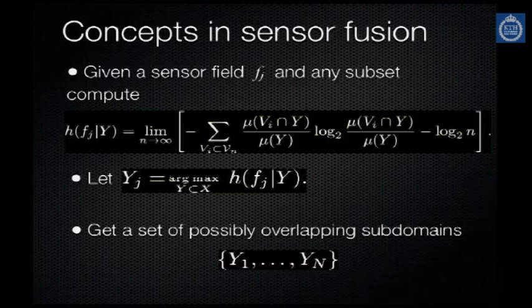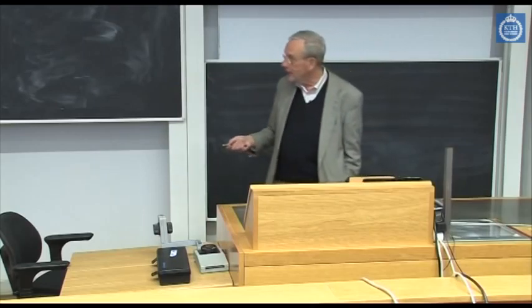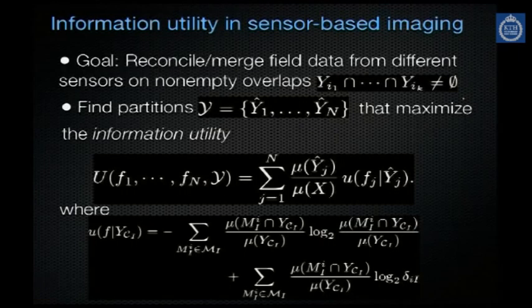And so then what I want to do is to get a set of possibly overlapping subdomains, such that the information content of the ith sensor, where i ranges from 1 to capital N, is maximized on that particular subdomain.